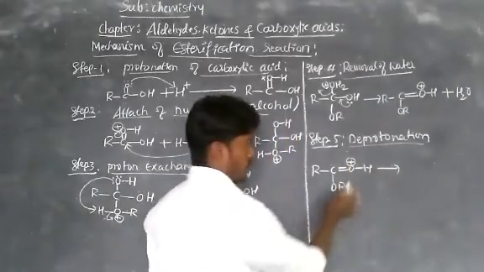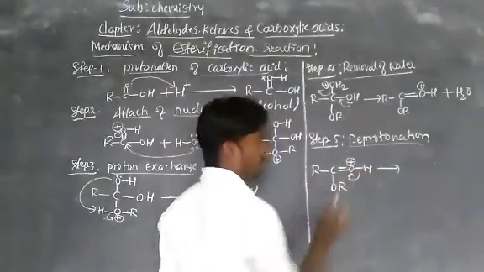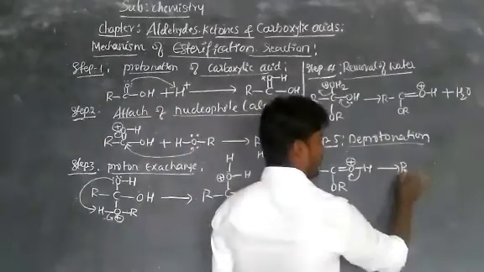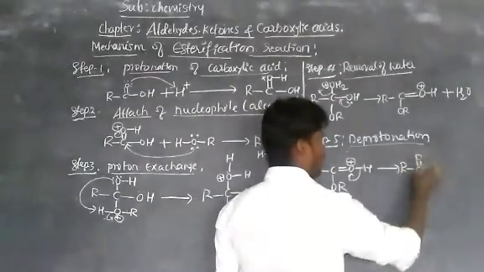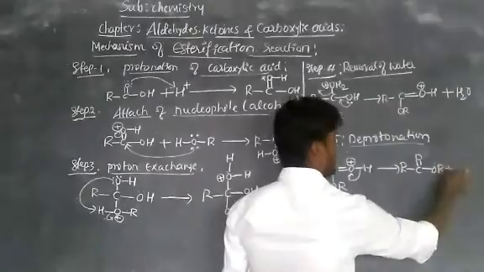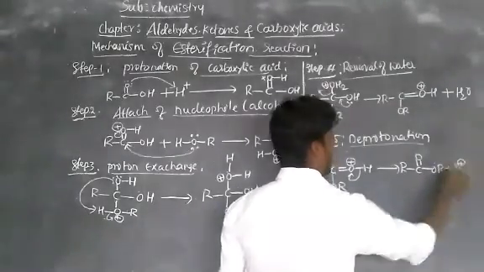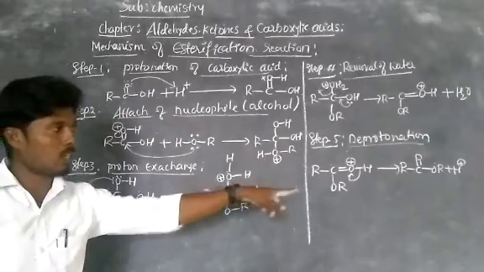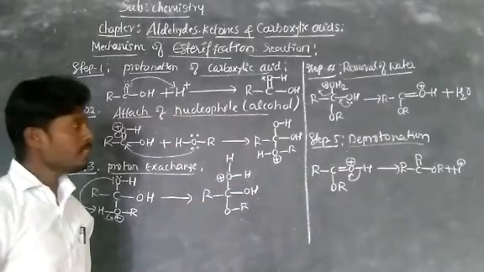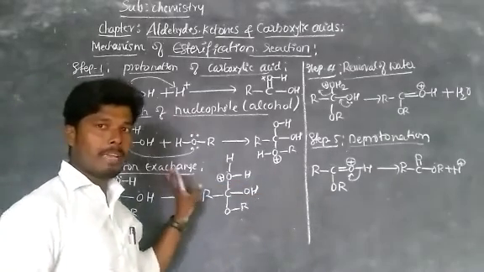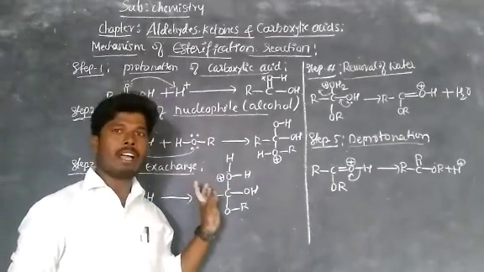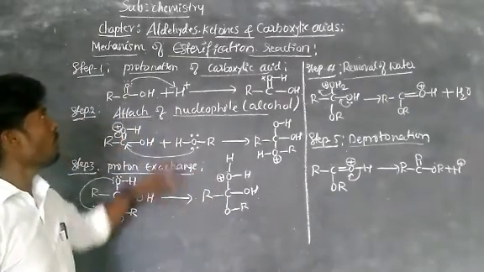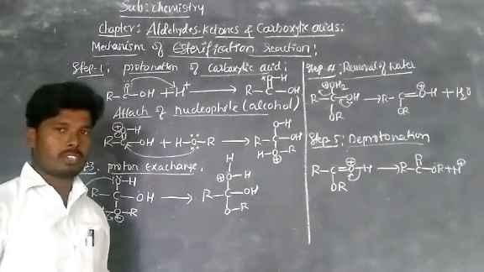Now this bond neutralizes the positive charge of the oxygen atom. What you get? R, C double bond O, R plus H plus is eliminated. H plus is added in the first step and eliminated in the last step. So concentrated sulfuric acid in the chemical reaction behaves as what? Catalyst. Got it? So this is the mechanism of esterification reaction.